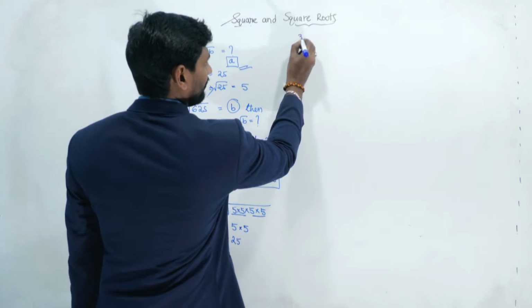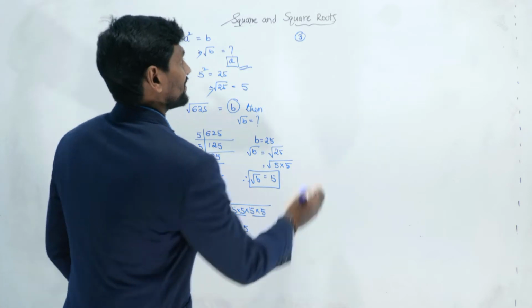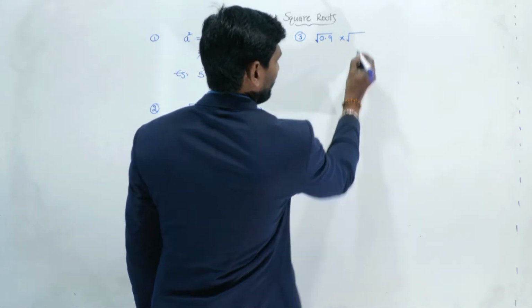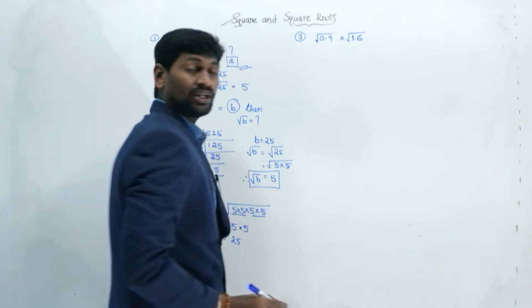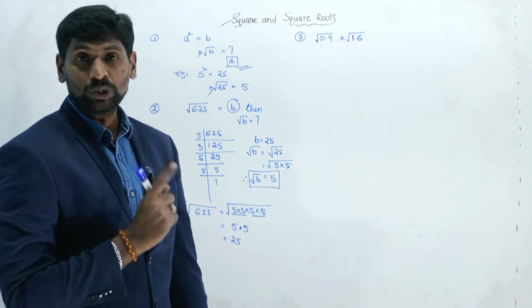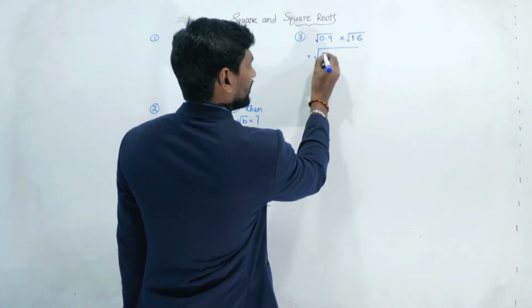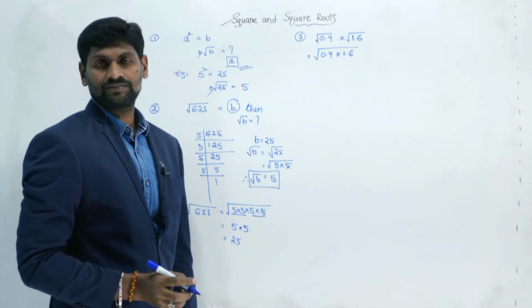Next, question number 3: root over 0.9 into root over 1.6. It looks like a square root property: root a into root b is root over a into b. That means root over 0.9 into 1.6.